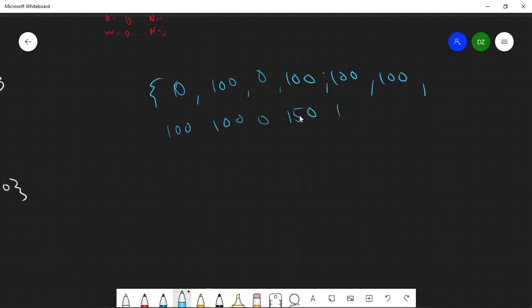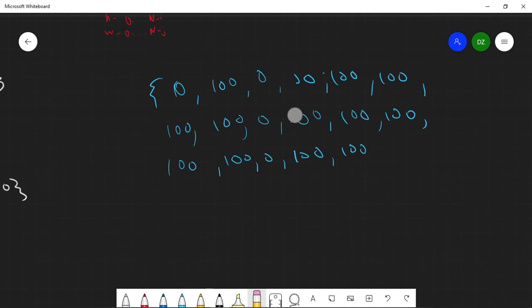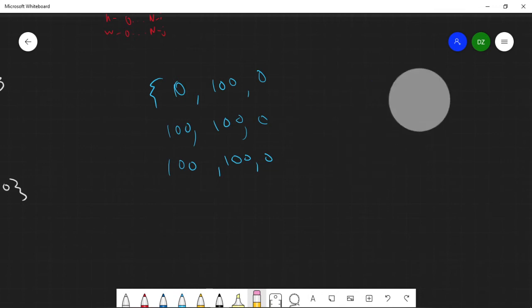Actually, we'll make it just hundreds for a second, so it'll be easier to process. We'll just make it like this, even though it's probably never going to be this size. Actually, you know what? I'm going to make it just 3 by 3. It makes the same example, it just saves time.